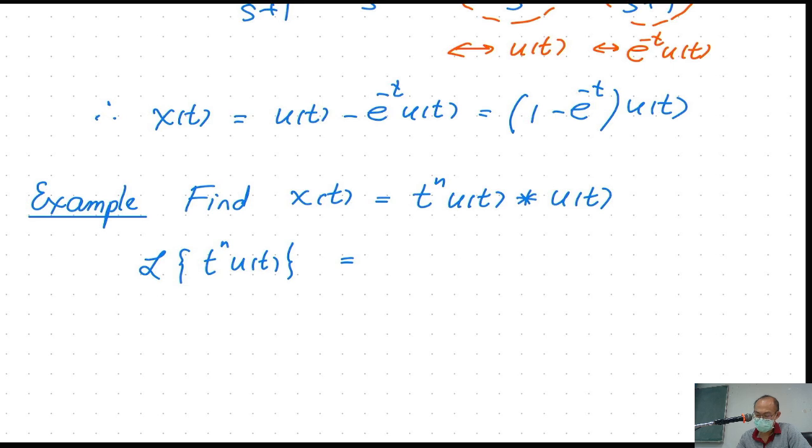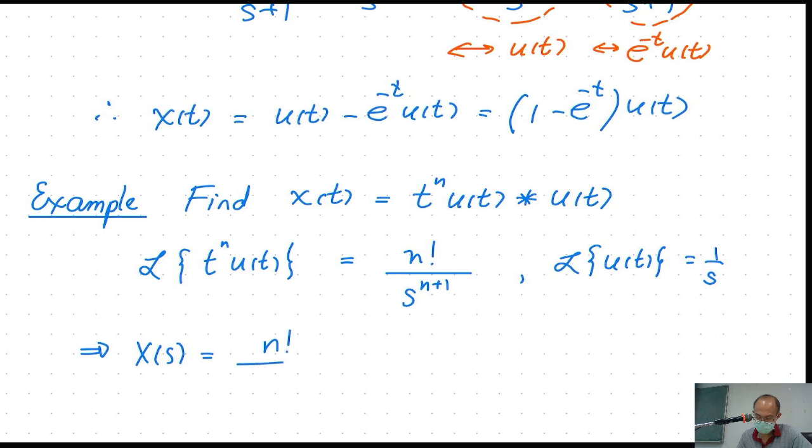I told you earlier, this is equal to n factorial divided by s to the n plus 1, whereas the Laplace transform of u(t) is 1 over s. So we know from the convolution property that X(s) is n factorial divided by s to the n plus 1 times 1 over s, right? This is straightforward.